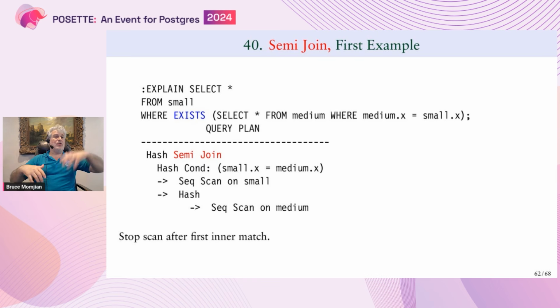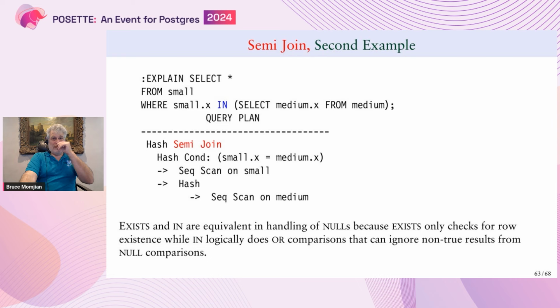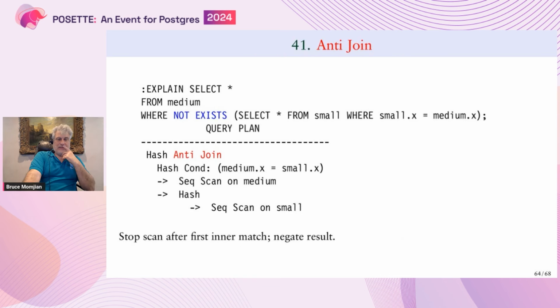If I do, return the outer row. If I don't, don't return it. So it's similar to a join between two sources, except you're stopping after the first match. That's why it's called a semi-join, because you're not joining all the rows, you're just joining the first match and stopping. Another example of a semi-join would be an IN clause. Again, is the value in that subquery, yes or no? IN and EXISTS are actually equivalent because they handle nulls the same.